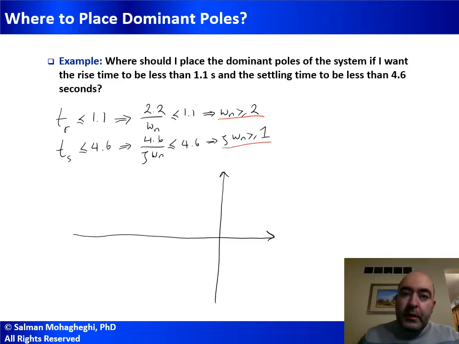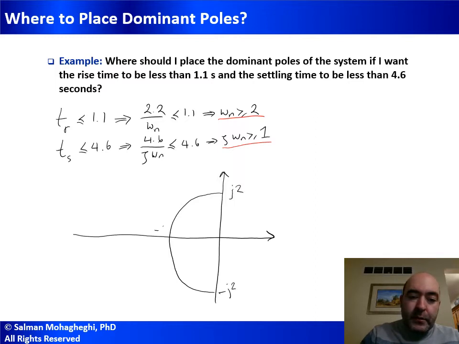any pole that has a distance to the origin of exactly 2 is going to lie on a circle with a radius of 2. So this is going to be j2, minus j2, and this is going to be minus 2. Any pole that I have here is going to have a distance to the origin equal to 2.